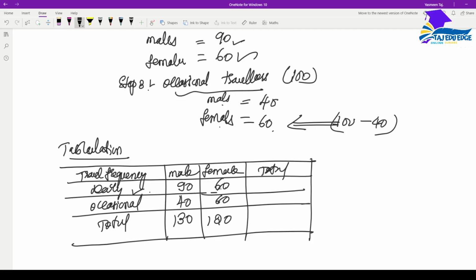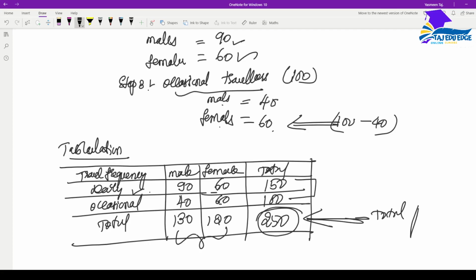Here 90 plus 60 is 150. 40 plus 60 is 100. Add up 130 plus 120, you will get 250. 150 plus 100, again you will get 250. What is this 250? 250 are your total passengers. It means that you have solved this problem successfully.